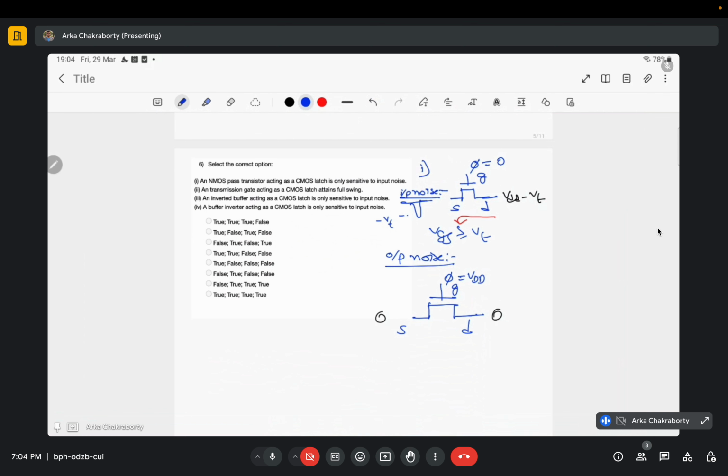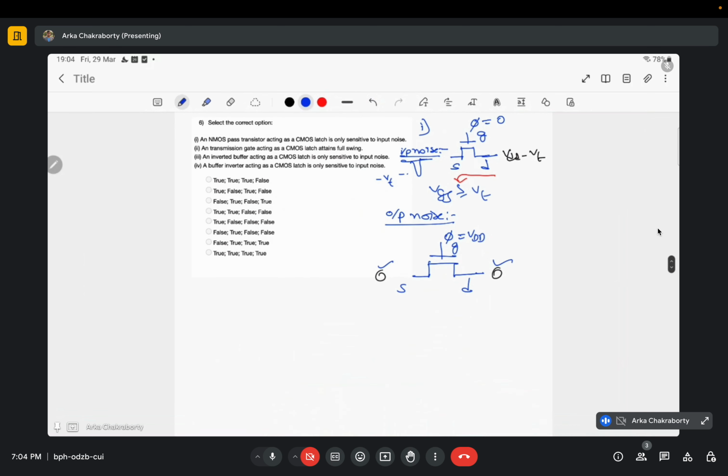My input is 0, my output is also 0, but as this output is also connected to some circuitry, like some read circuitry or something like that, say from there a noise came which is greater than or equal to VT.